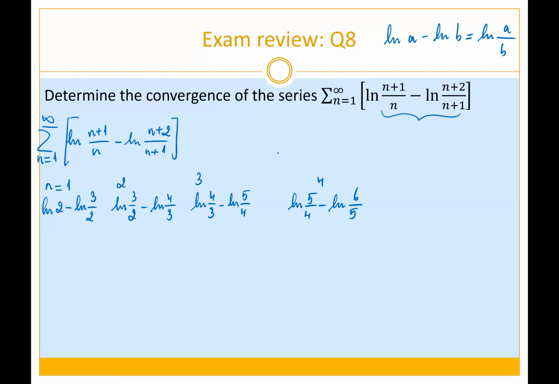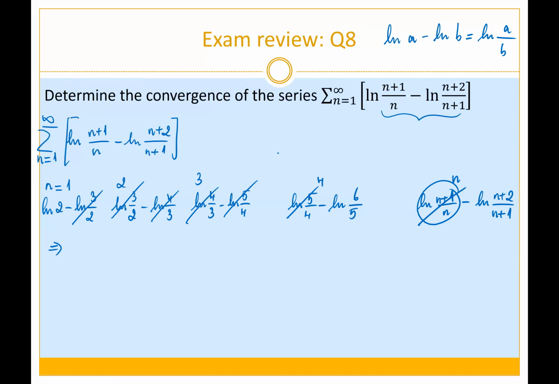Now, in this case, you can see that these terms clearly cancel out. If you go to n, you're going to have ln of n plus 1 over n minus ln of n plus 2 over n plus 1. This term is going to cancel out with the term of negative ln of n plus 1 over n previous to that.